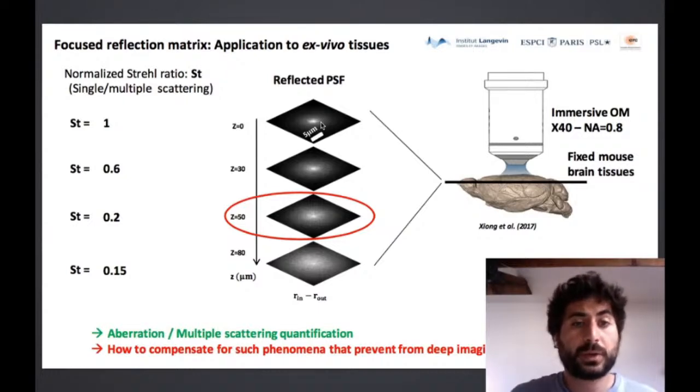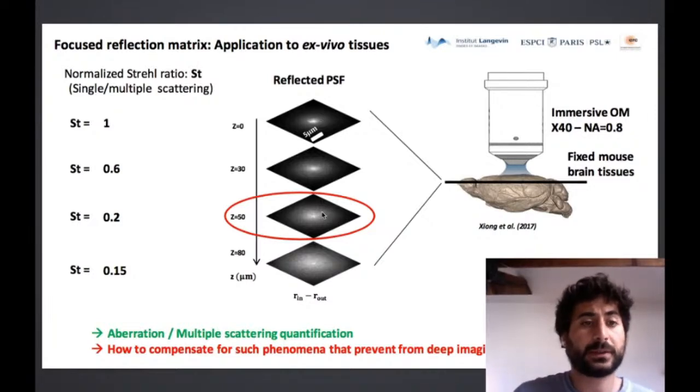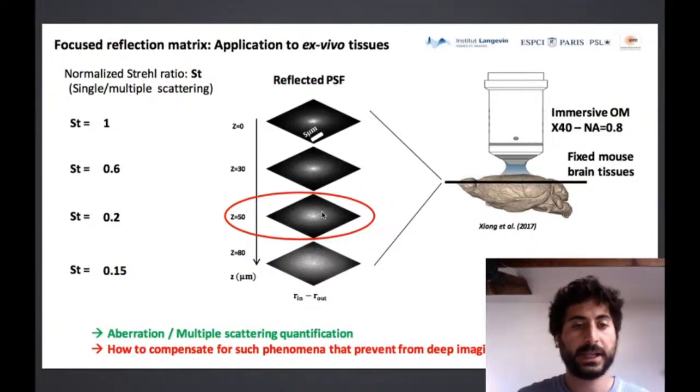But when you go deeper inside the brain tissue, due to aberration and multiple scattering, the PSF is really spread out. You can quantify this with the Strehl ratio, which is the ratio between the single and the multiple scattering, and this ratio drops with the depth inside the tissue.